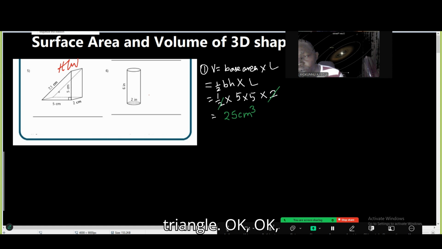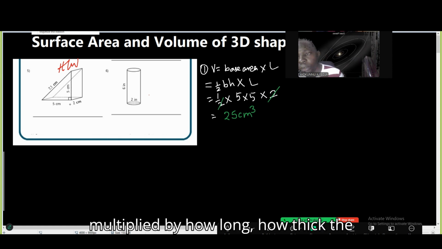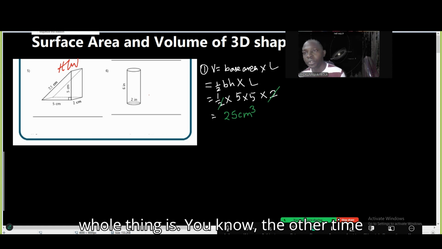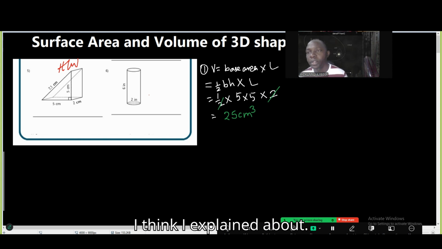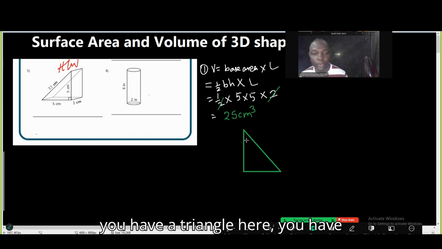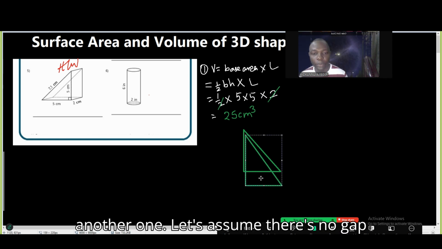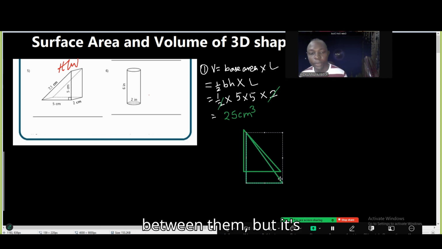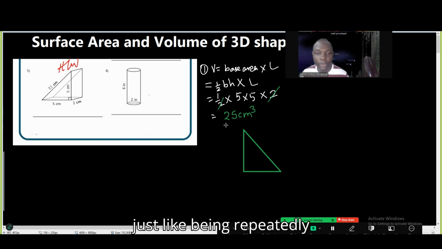Then multiply by how long, how thick the whole thing is. Like if you have a triangle here and you have another one, let's assume there's no gap between them, but it's like being repeatedly long.